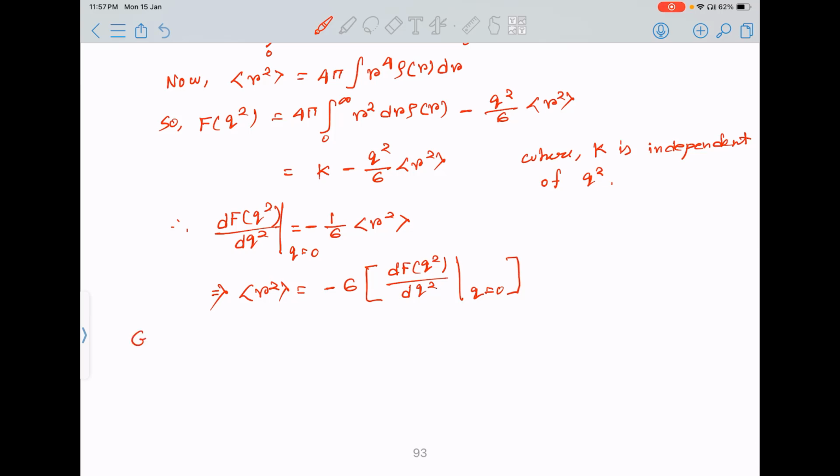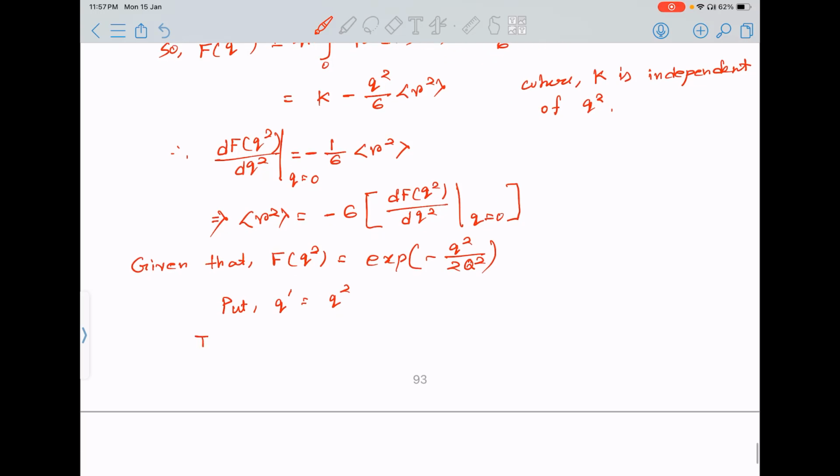Now again, given that F(q²) = exp(−q²/2Q²), put q' = q², then F(q') = e^(−q'/2Q²).